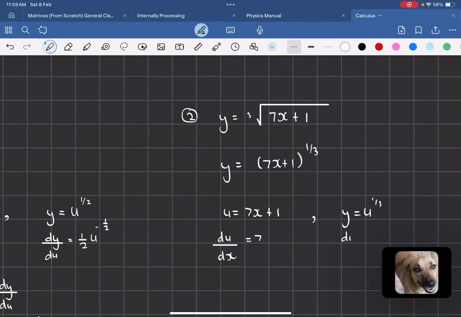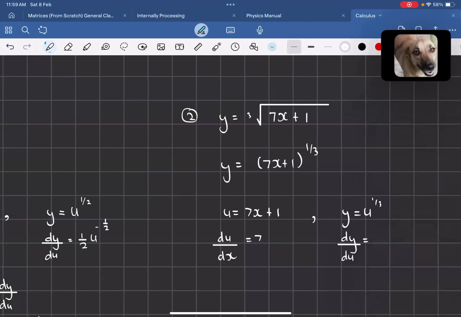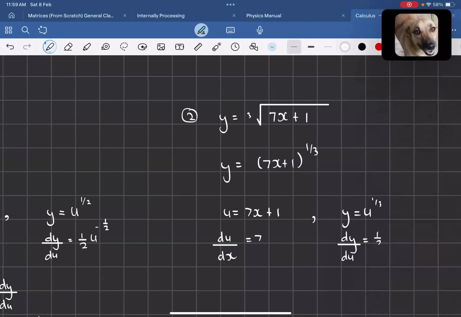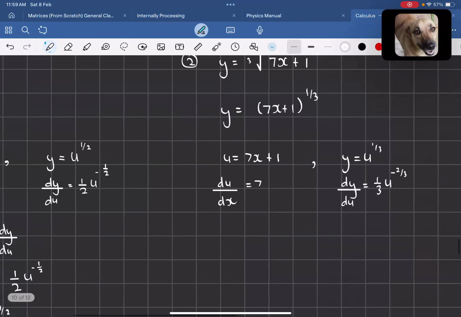And if I differentiate y with respect to u, I have to multiply by the power. So a third would come in front. And then I would minus 1 from the power. Nicholas, what is 1 minus a third? Minus 2/3. Right? Minus 2/3. Cool.